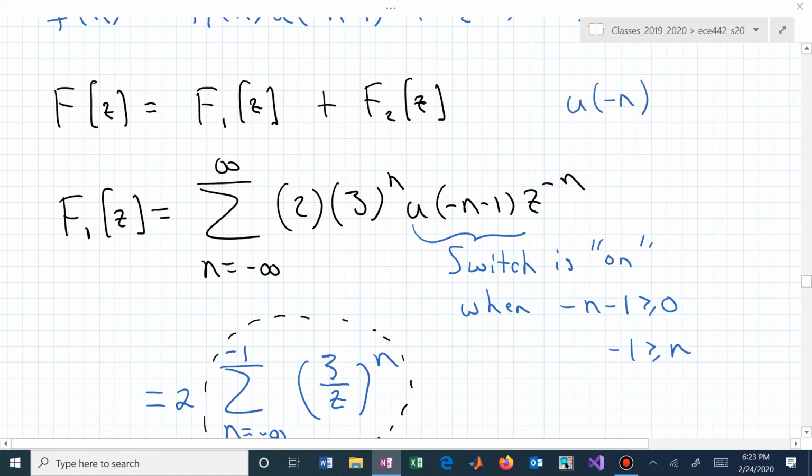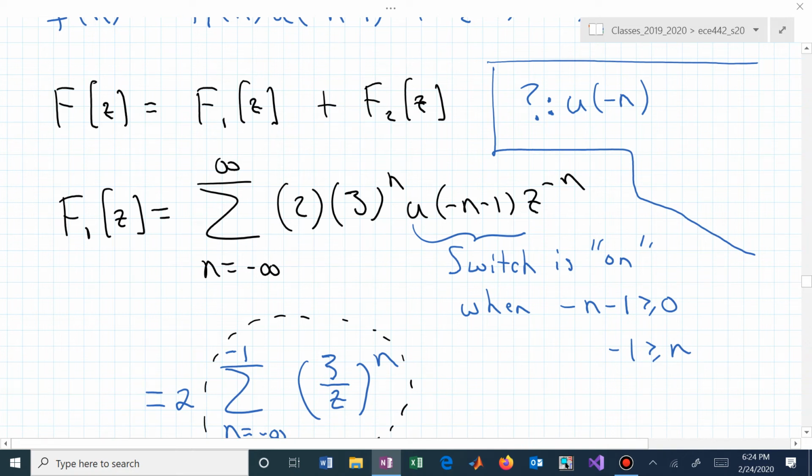What if we said, oh, well, I just need to turn it on for negative n? When is u of n on? So here's our question. What values of n allow this switch to be on?